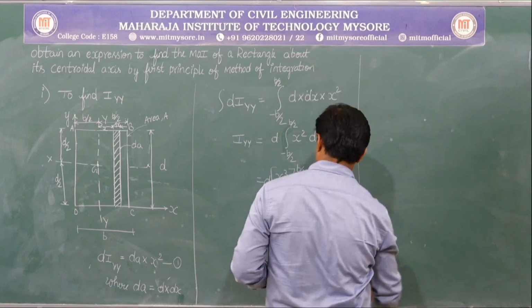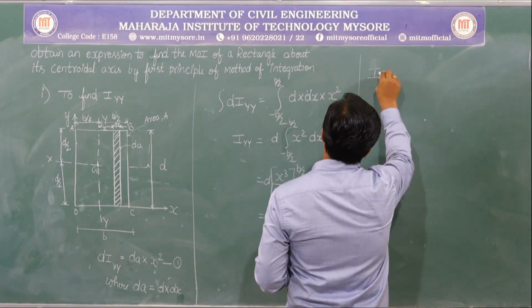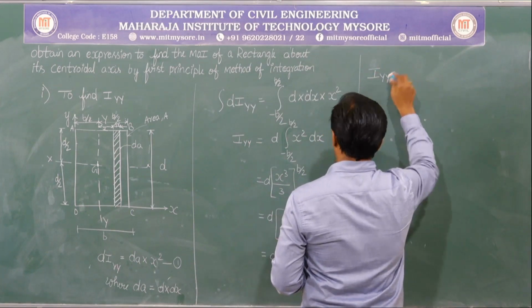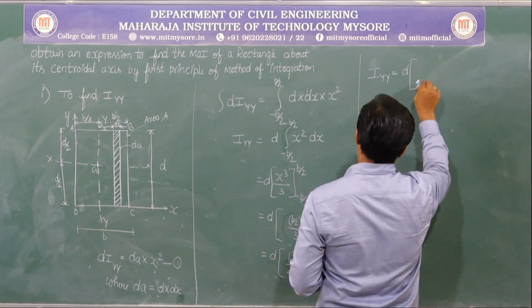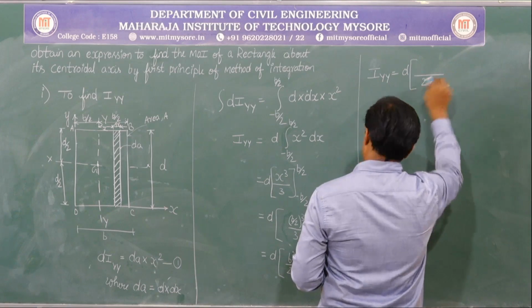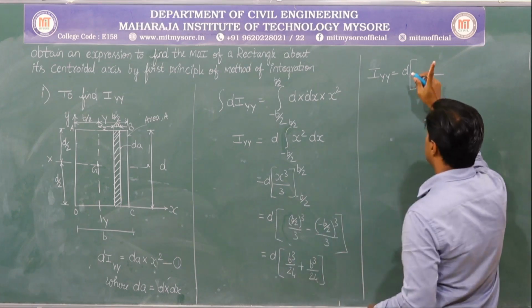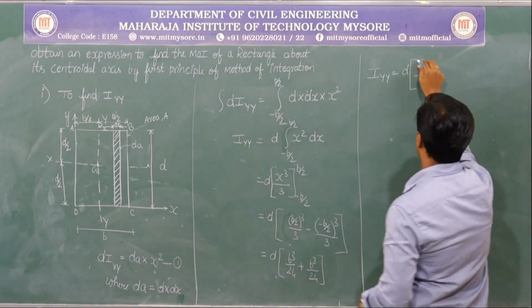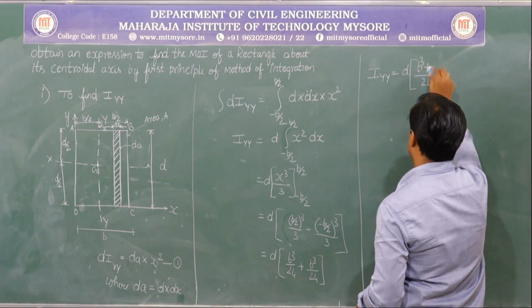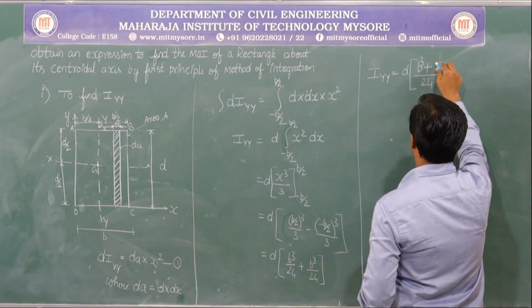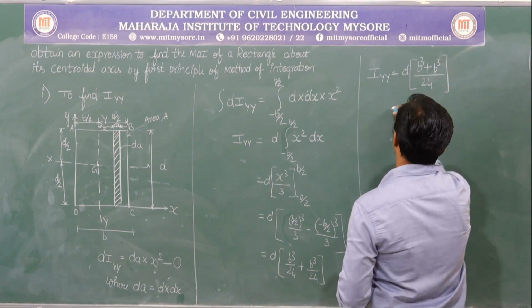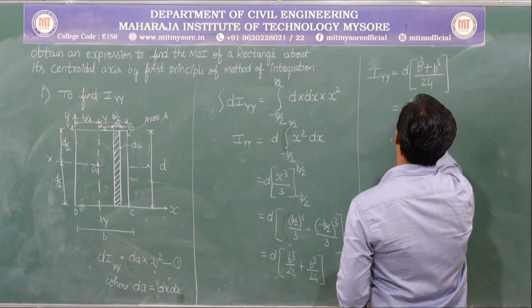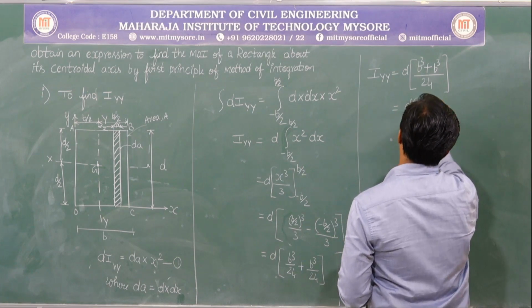So now Iyy is equal to d, let it be as it is, 24 is the LCM. So 24 1s are 24, 1 into b cube, it is b cube only, plus 24 1s, 1 into b cube, again it is b cube, so it is 2b cube now. So d into 2b cube by 24.